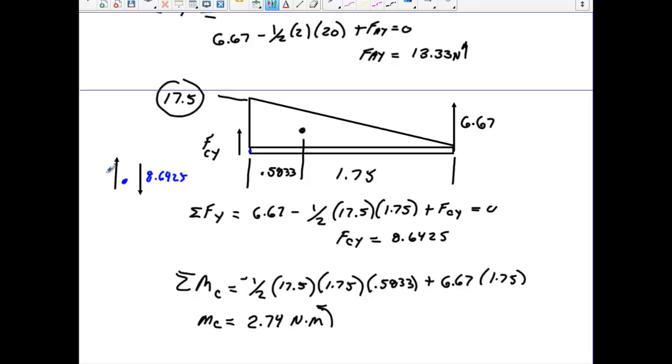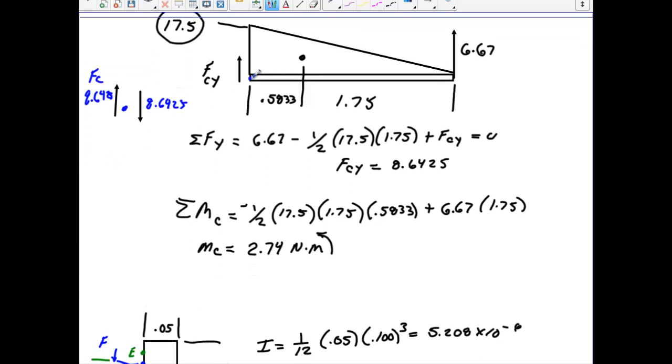So this reaction FCY has to be the same. So that's my FCY, that's what I'm shearing across. I got one coming up, one coming down. I have to have that. So this is your shear force coming across that face.